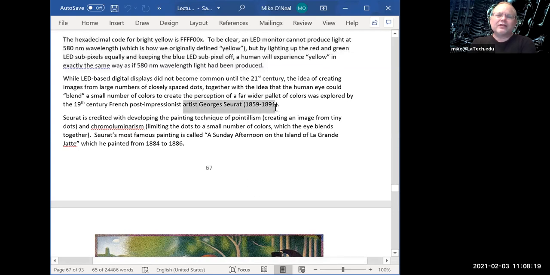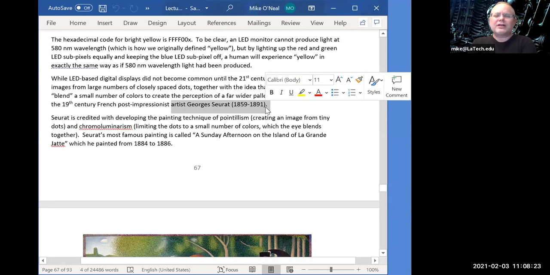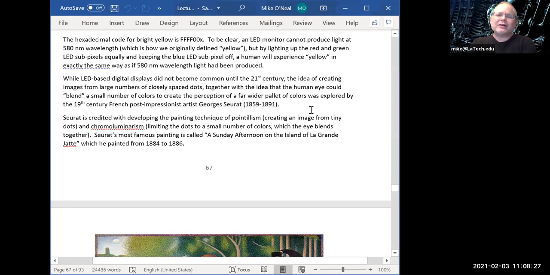He lived in the mid to late 1800s, and he was a French painter. The interesting thing about Seurat is he was interested not just in the artistic side of painting. He was also fascinated by what the scientists were finding out about the way the human eye worked and what color was and how the human visual system perceived color.